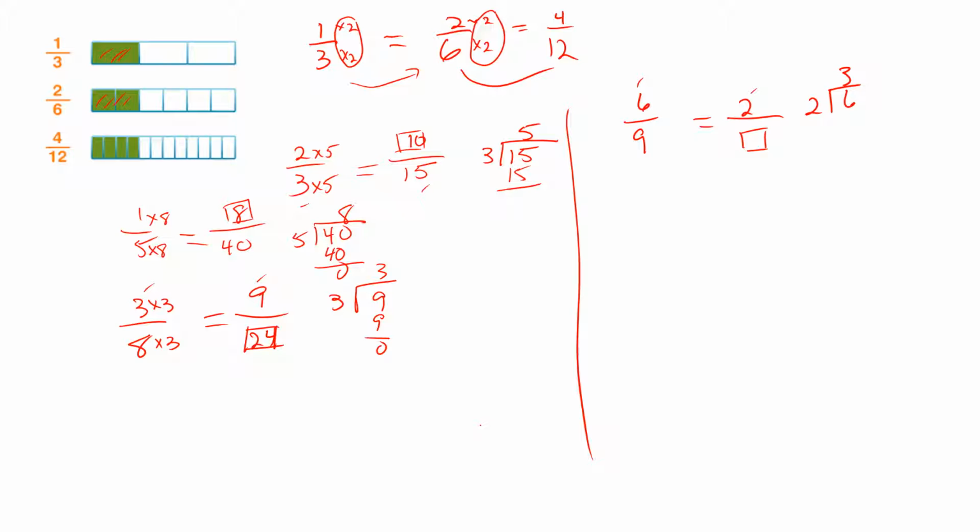But this time, I didn't multiply 6 to get 2, right? I divided it. I'm going from a larger number to a smaller number, so I divided it by 3. 6 divided by 3 was 2. So that means I have to divide the bottom number by 3 as well. 9 divided by 3 is 3. So 6/9 and 2/3 are equivalent fractions.